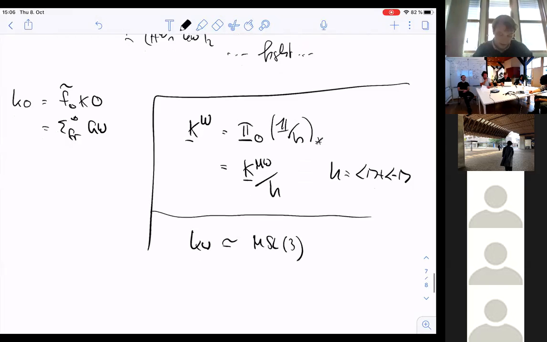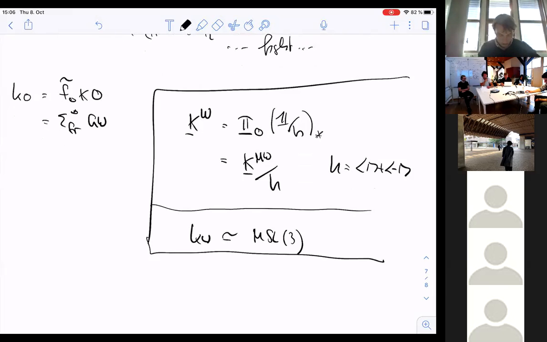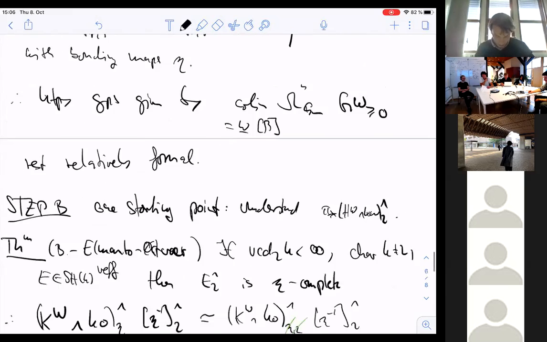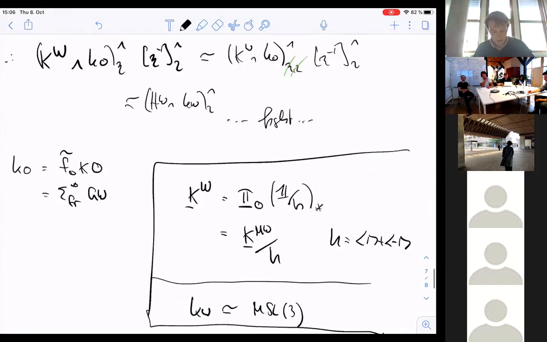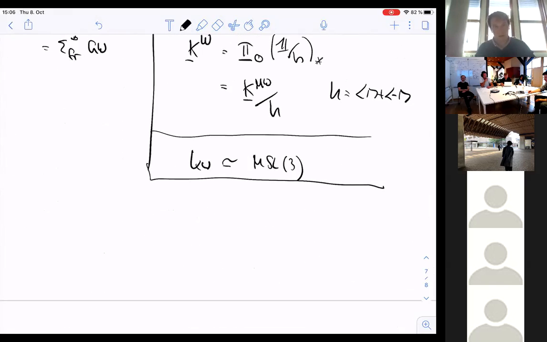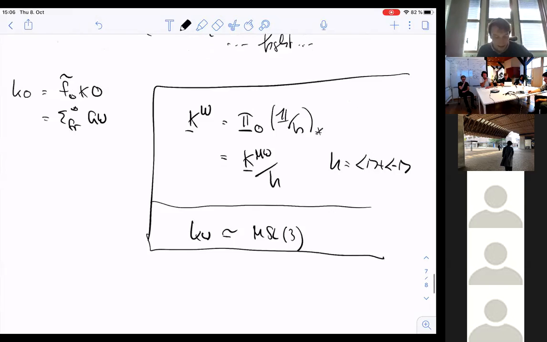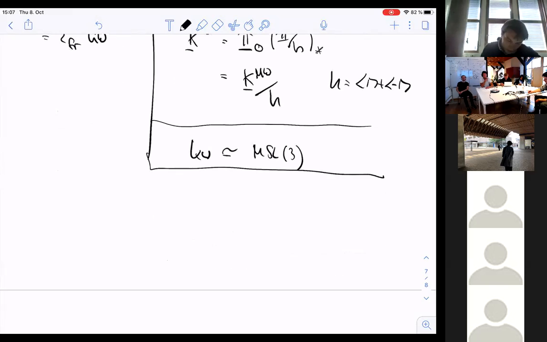You mentioned that the base is a Dedekind domain because you need the result by Spitzweck. Why do you need that the base is a Dedekind domain? Yes. So it might be that these results hold more generally. Let's see. What am I trying to say?